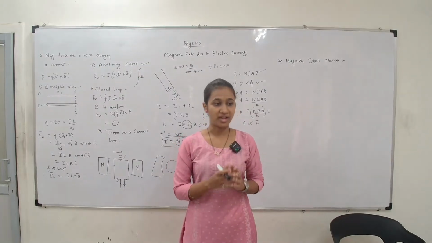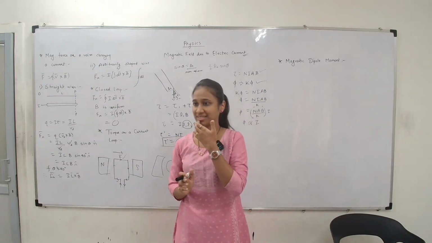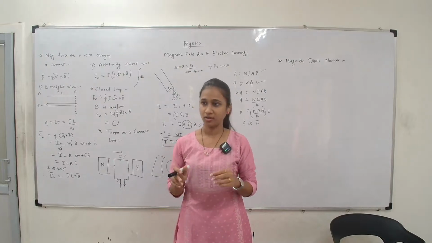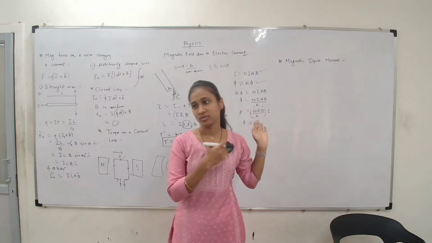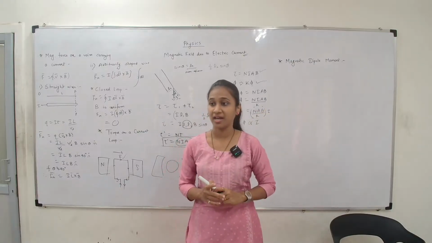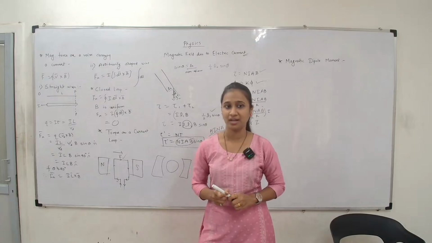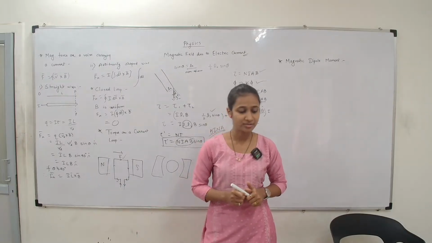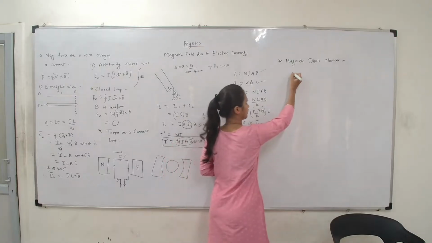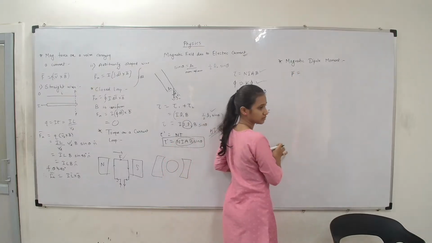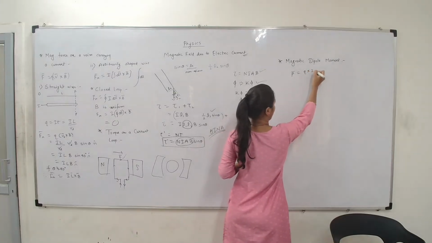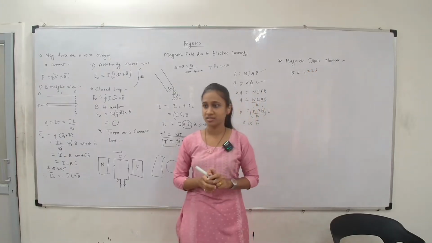In magnetism and magnetostatics, you will not see a monopole anywhere, because for a magnet a monopole doesn't exist. So it will always be due to a dipole. So here we have to find out the magnetic dipole moment. There it was the electric dipole moment. How was it denoted? P bar. P bar is equal to Q into 2L, that is charge into the distance between them.